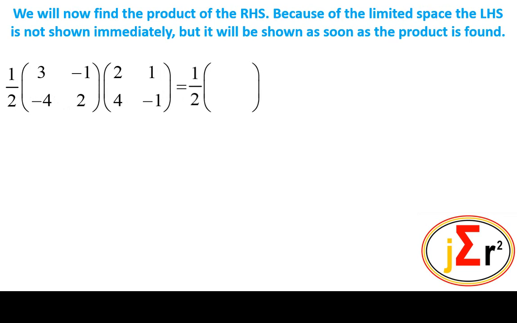The half takes its place, and we will continue with our favorite. The upper row by the left column, the answer will go to the upper left. The first times the first, 3 times 2. The second times the second, -1 times 4.